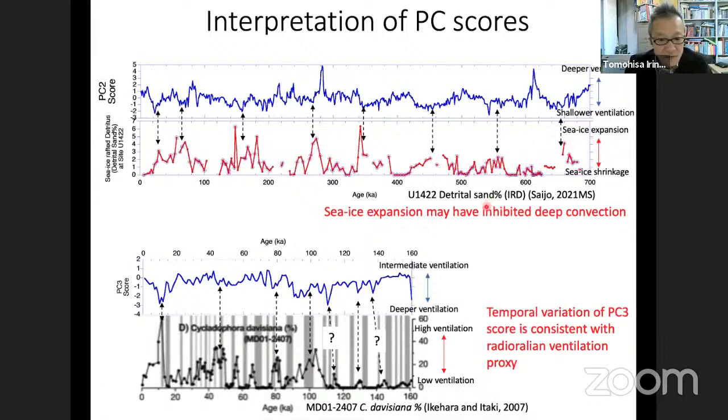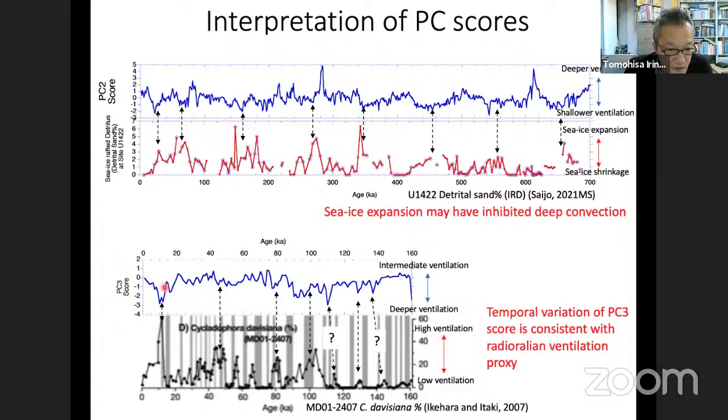As for the PC3, it is an intermediate depth ventilation enhancement. In the top 160,000 year part, it is very similar to the radiolarian ventilation indicator I showed you before.